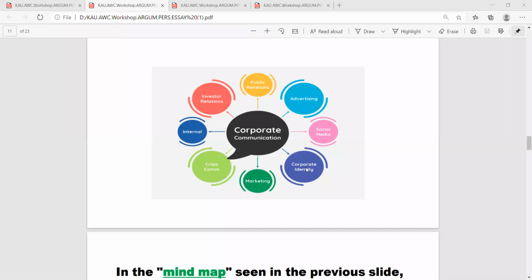Corporate identity, I guess, is something that we should use at the beginning. What exactly is our product? What do we stand for? What is the brand for? Let's say we're selling electric cars. For example, in the case of Elon Musk, what does he want to do with his brand name?